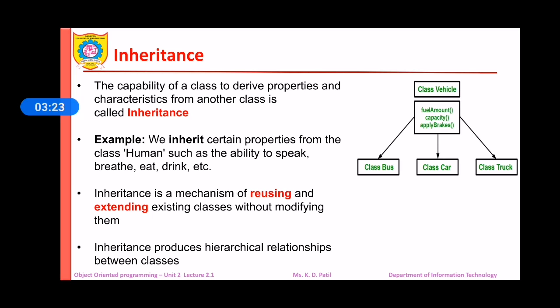So that is extending existing classes without modifying them. That means car class has extended the class vehicle without modifying its properties, its characteristics. Inheritance produces the hierarchical relationship between the classes. We will see that in this lecture.